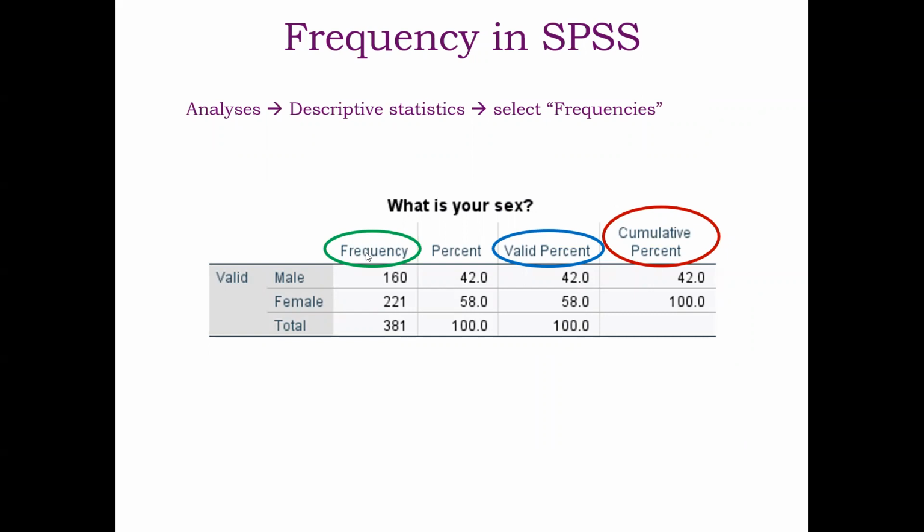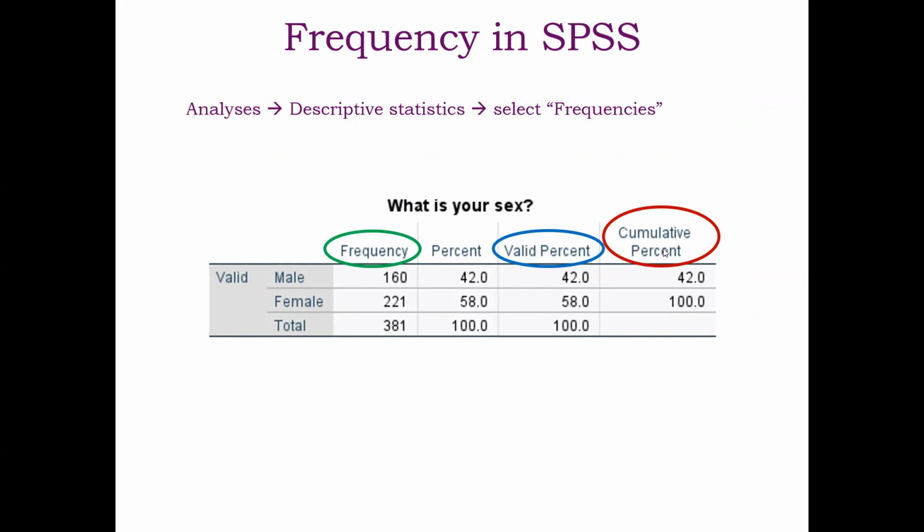Okay, the example so far was numbers, but we're most interested in frequencies when there are categories of data, right? So such as male and female. So SPSS gives us the frequency. It gives us the percent and valid percent. We'll get that in a minute. Percent just would include missing data, and we'll see that.